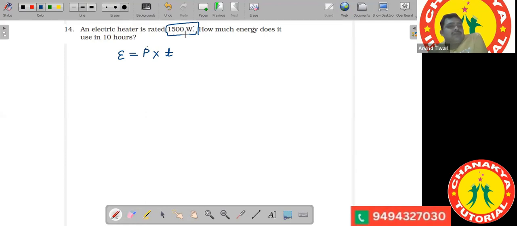Okay. So, now can you do this? Convert this power to kilowatt. You are given power as 1500 watt. Convert it to kilowatt. So, this will be 1500 divided by 1000. Okay. So, you will get 1.5 kilowatt.